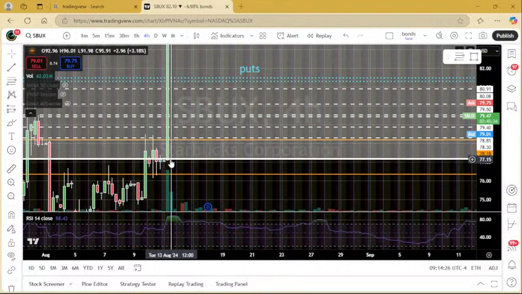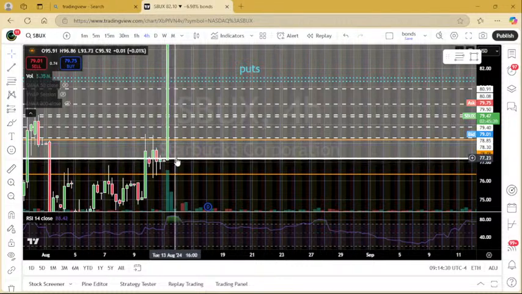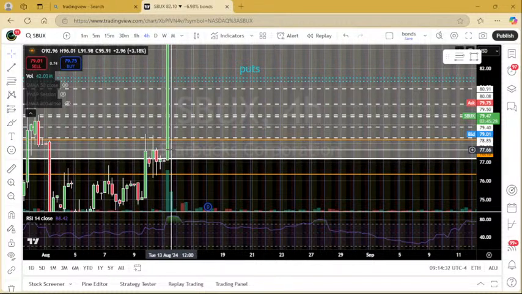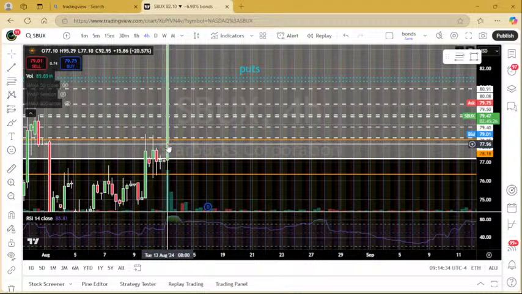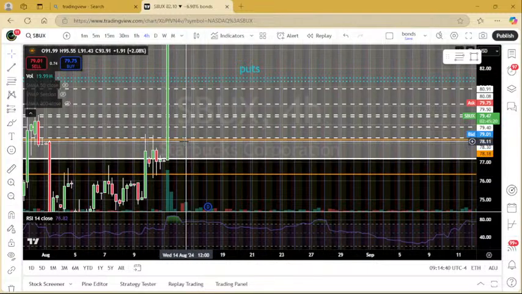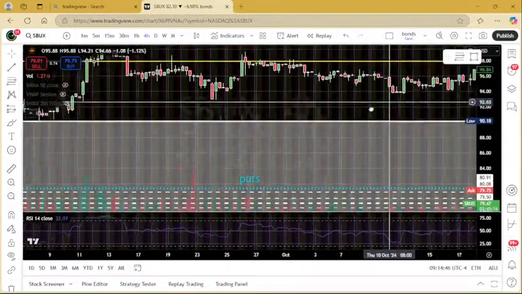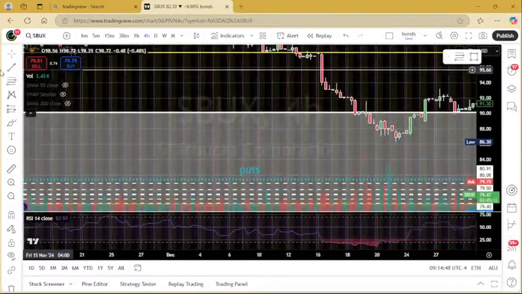Right here, this is where it shot up 77. Where we at? We at 77.8. Yeah, I like this level right here. So between 76 and 78, I want to go long on Starbucks. Like Starbucks is a nice leap.